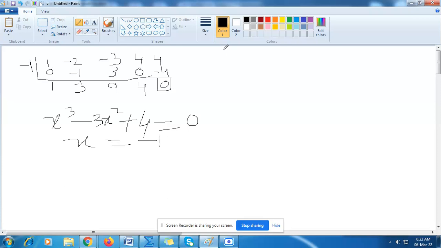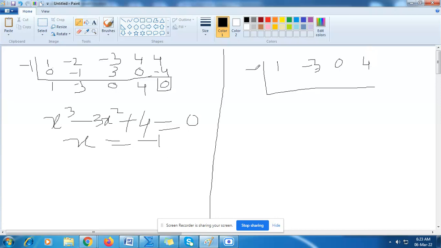So again apply synthetic division. Here the x cube quotient is 1, the x square quotient is minus 3, the x quotient is 0, and the constant is 4.